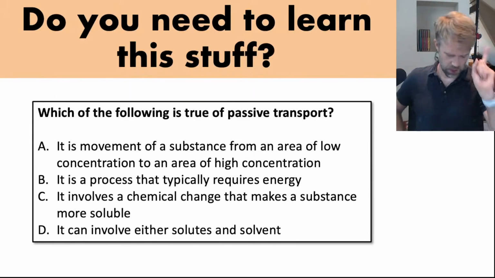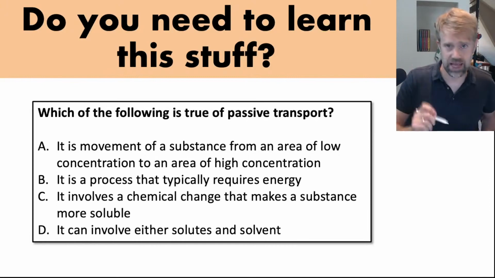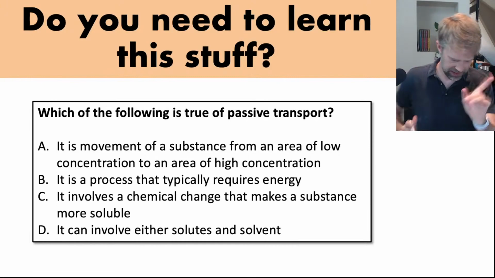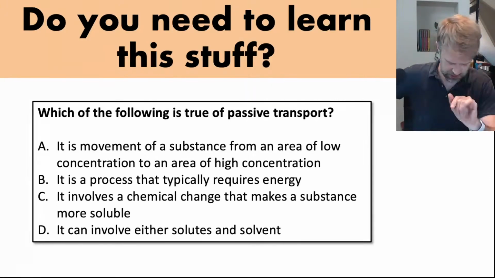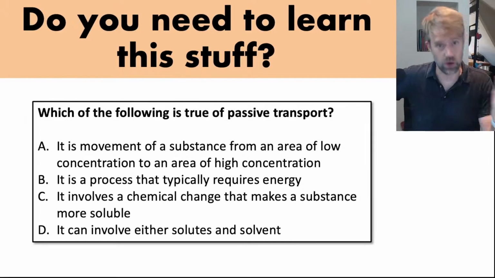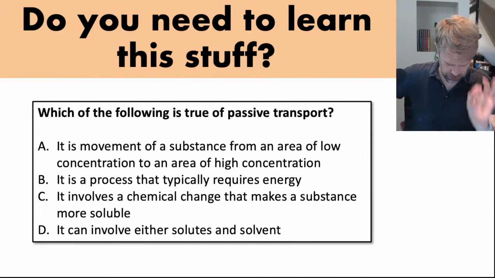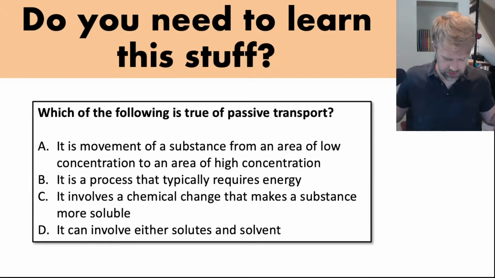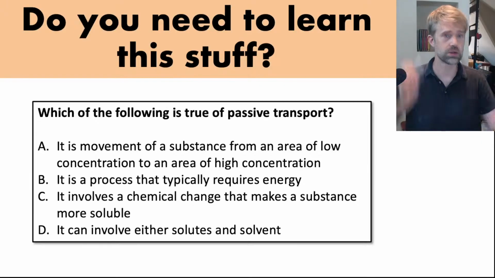Which of the following is true of passive transport? A, it is movement of a substance from an area of low concentration to an area of high concentration. B, it is a process that typically requires energy. C, it involves a chemical change that makes a substance more soluble. Or D, it can involve either solutes or solvent.